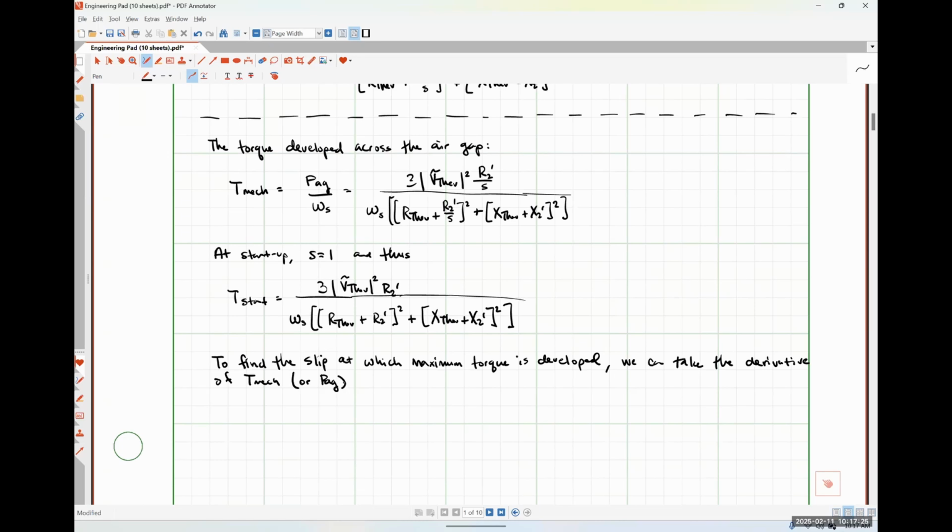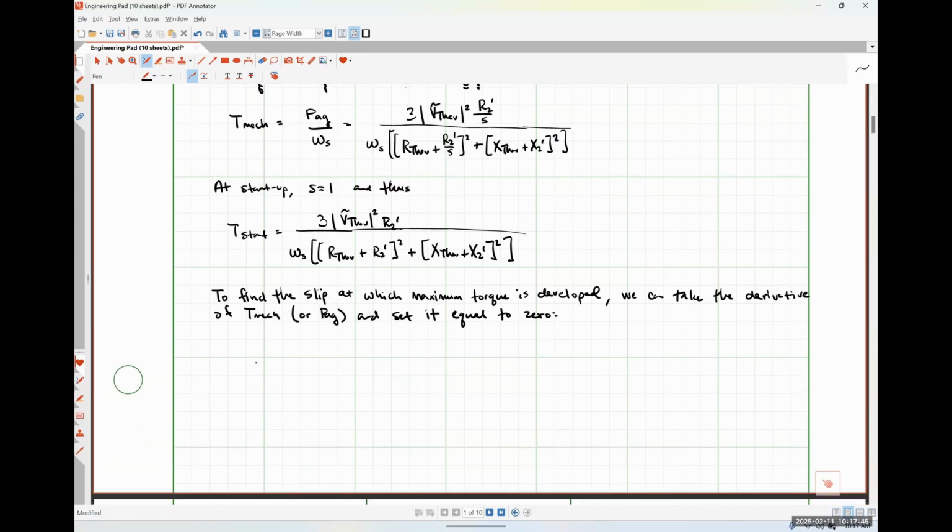And I'm saying that because those two quantities are just related to each other by a constant, which is just the inverse of our synchronous angular frequency. So either way, we're going to get the exact same result and set it equal to 0. So essentially, the slip that generates the maximum torque can be found by taking the derivative of our air gap power as a function of slip with respect to slip and setting that equal to 0.